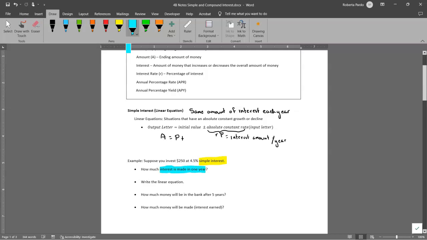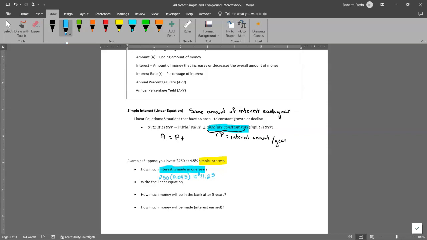Remember, that is the absolute constant rate: the principal, $250, times the rate, 4.5% or 0.045, because we need to change the percent to a decimal before we can use it. That ends up with $11.25. This is how much is going to be made each year.